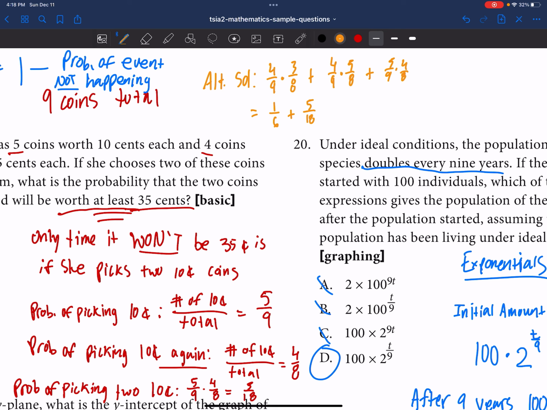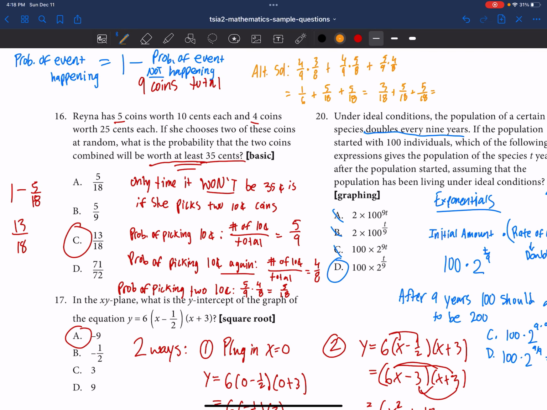So it's that one again, which is another 5/18. And so that's 3/18 plus 5/18 plus 5/18, which equals 13 over 18. Answer choice C.